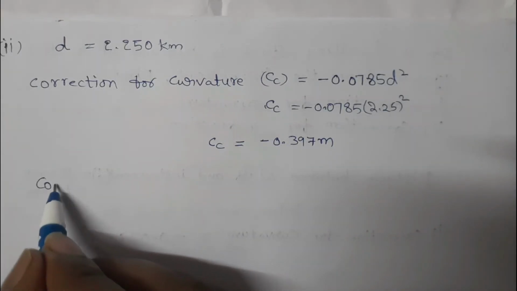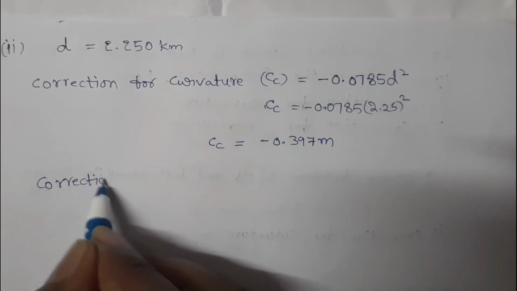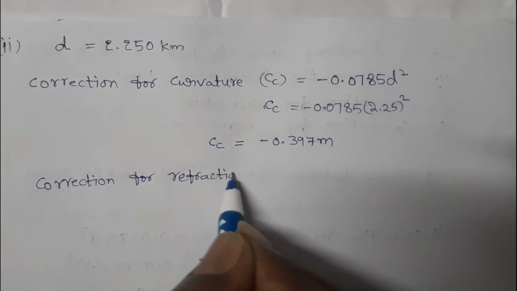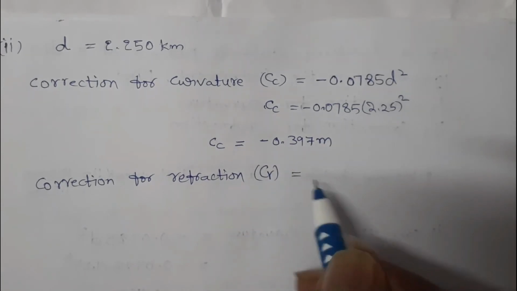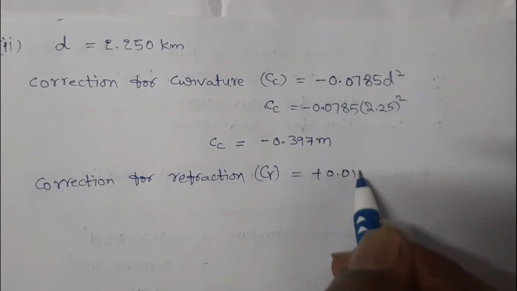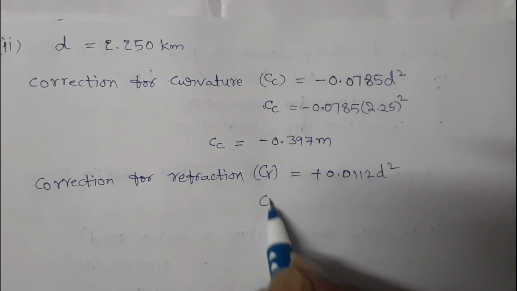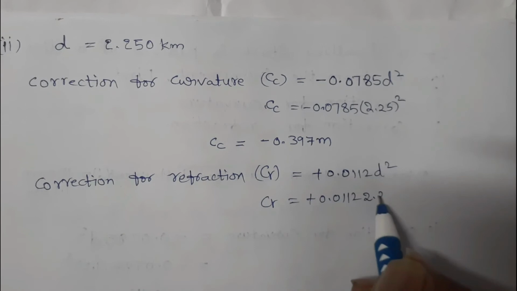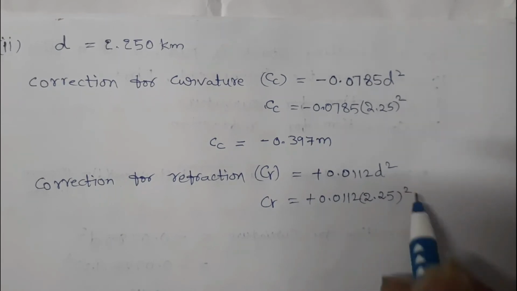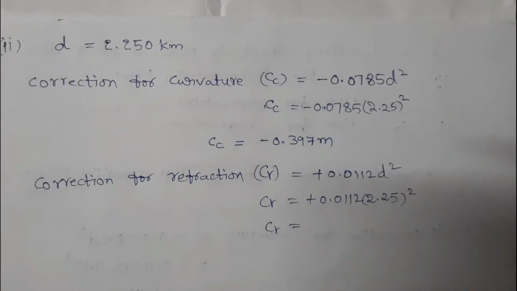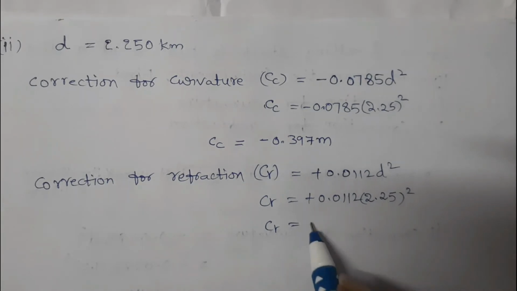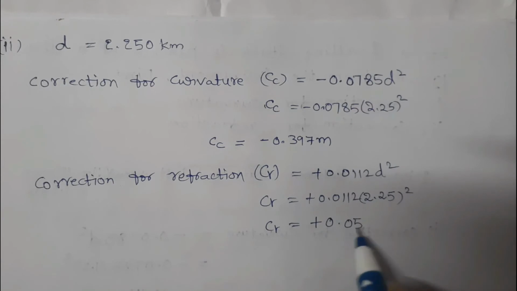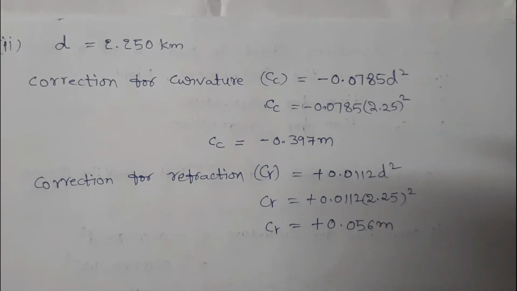Correction for refraction is equal to plus 0.0112 d square, 0.0112 into 2.25 whole square. CR is equal to 0.056 meter.